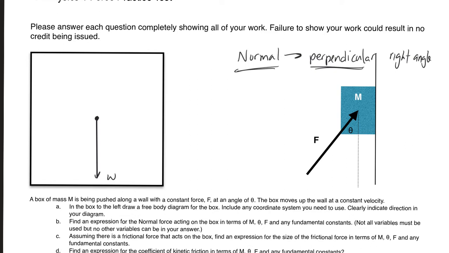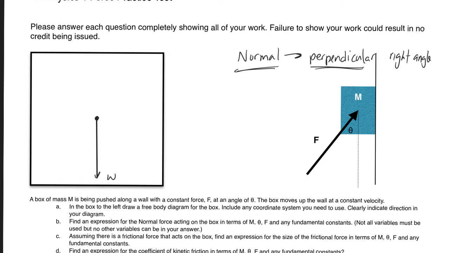If the wall didn't apply a force, then the box would just go that direction. It would pass through the wall. So what direction does the wall have to push to keep the box from going through? Well, it's got to push back on me, right? It's got to prevent the box from going through the wall. So as I'm trying to choose what direction to draw this arrow, what direction would the wall press to keep the box from going to the right? It would have to be to the left.